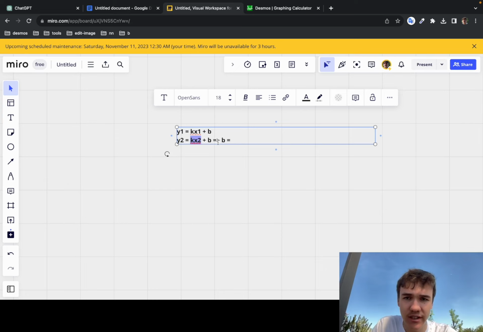So what happens is that first I say b is equal to y2 minus this, because I'm subtracting it from both sides.